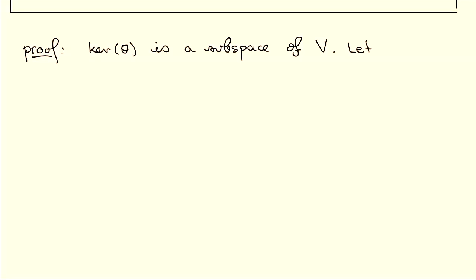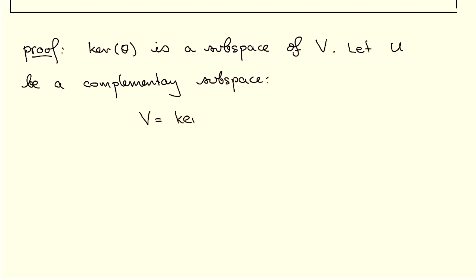So let U be a complementary subspace. So that means V is kernel plus U, and that is an internal direct sum.